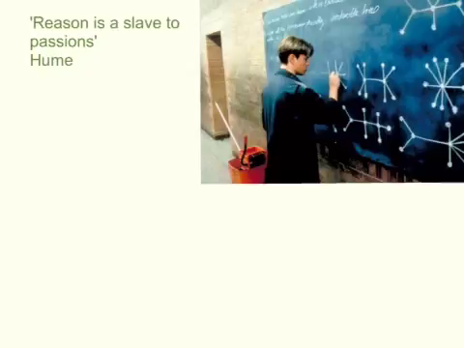Hume was an atheist and Kant believed in God, and Hume argued that reason is a slave to passions, and he decided this because he'd studied many forms of ethics around the world in different cultures, and he had learnt that, in his view, there was no one unifying system for ethics around the world, and in fact that all desire to be moral comes from passion, which here stands in for sentiments, feelings and emotions.